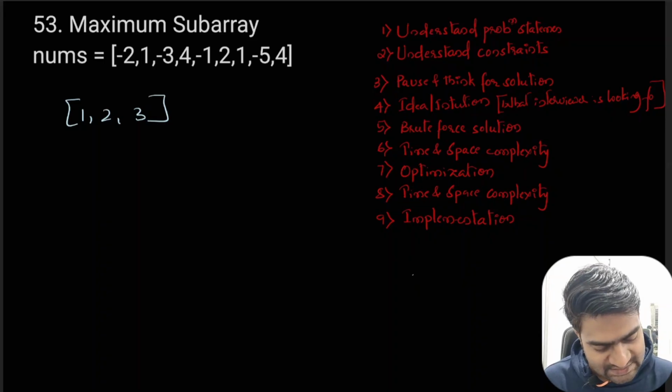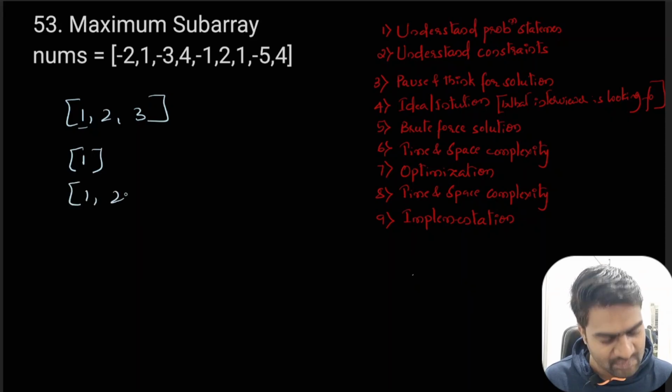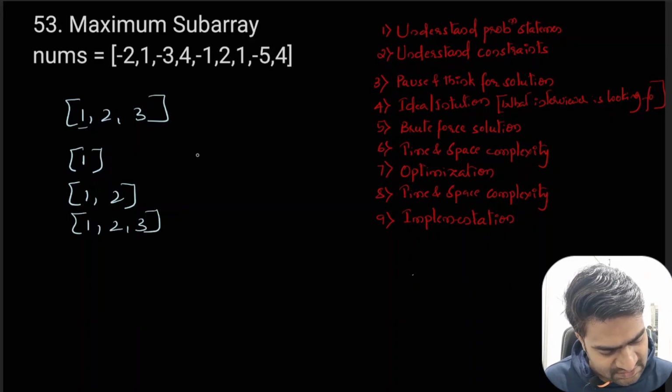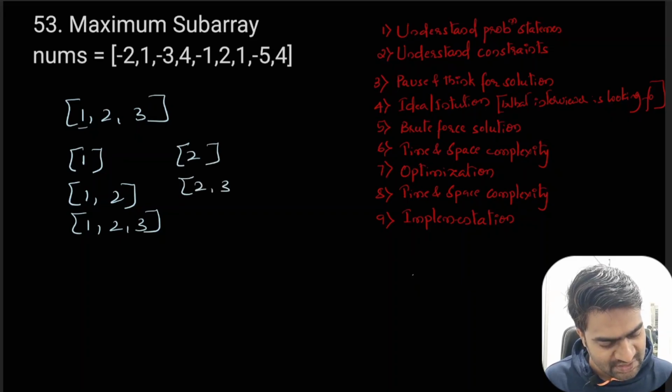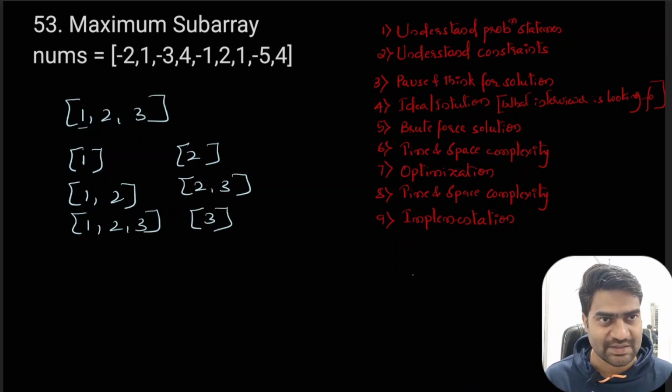So 1 can be one subarray, then 1 comma 2 is another subarray, then 1 comma 2 comma 3 is another. Next I will start with 2. 2 can be one subarray, then 2 3 is another subarray, and finally 3 is a subarray.